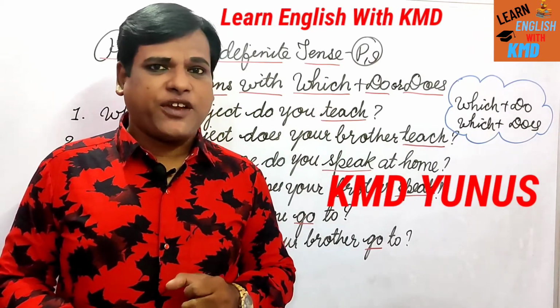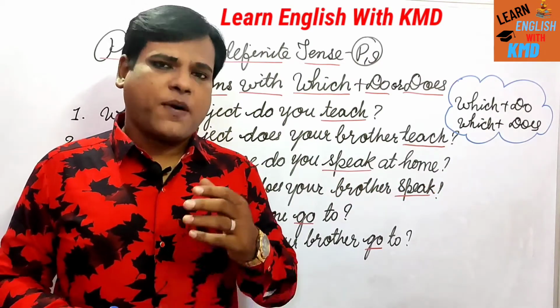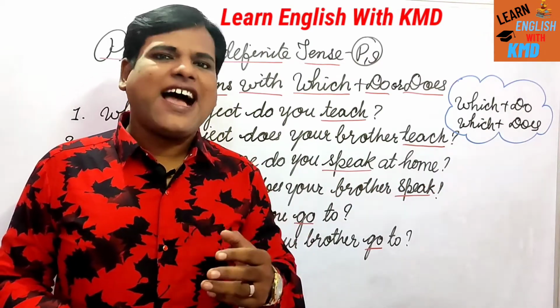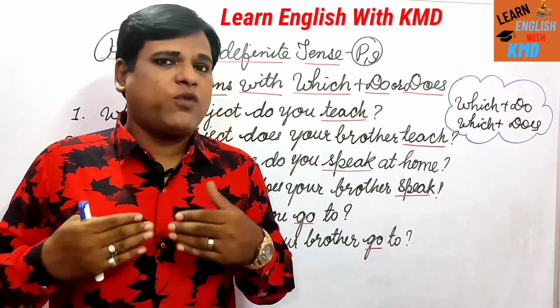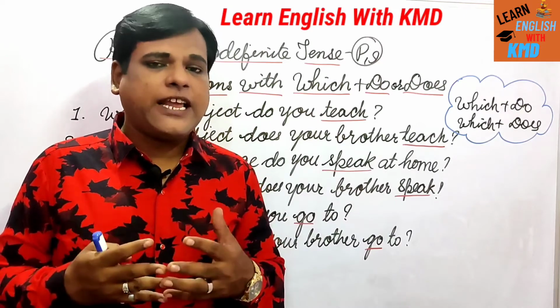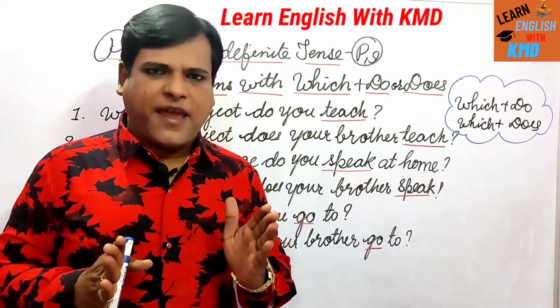Well, in my today's video, I'm going to tackle a couple of questions with the WH word which followed by do and does. As far as the WH word which is concerned, I would like to make it absolutely clear that there is a sudden change in the format.